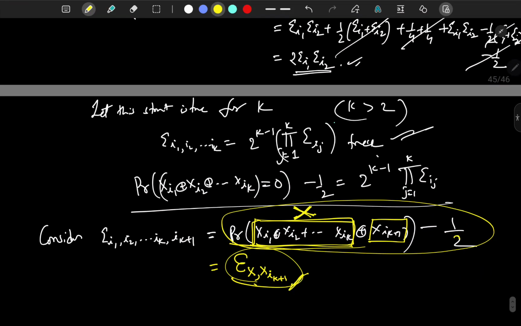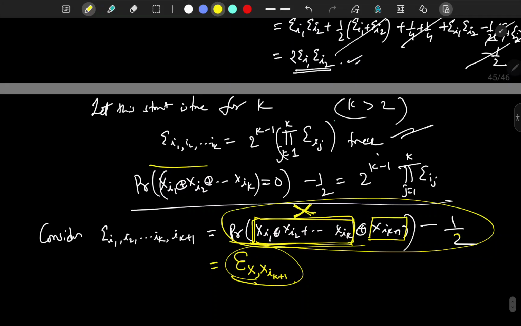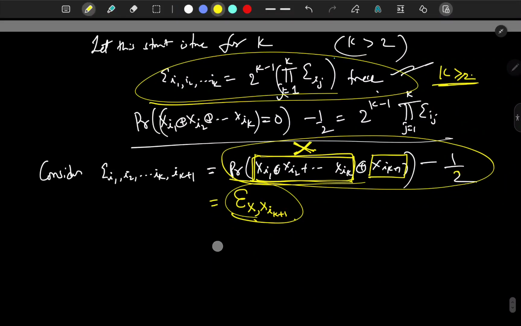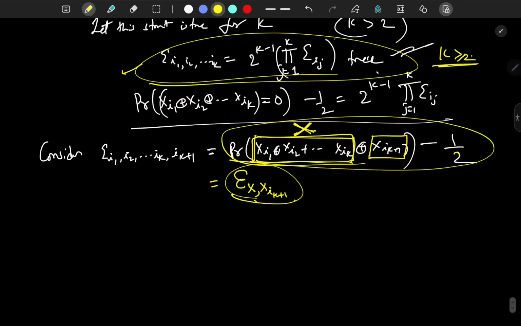But we know this formula: for two variables, what is the formula? We are saying this value is true for k greater than or equal to 2, right? For two variables, we have seen that this can be written as, we proved it here only.